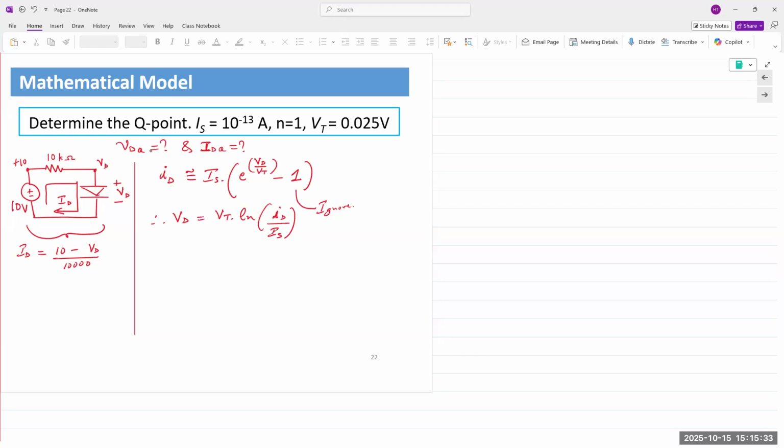And now what I can do is plug this ID into here.